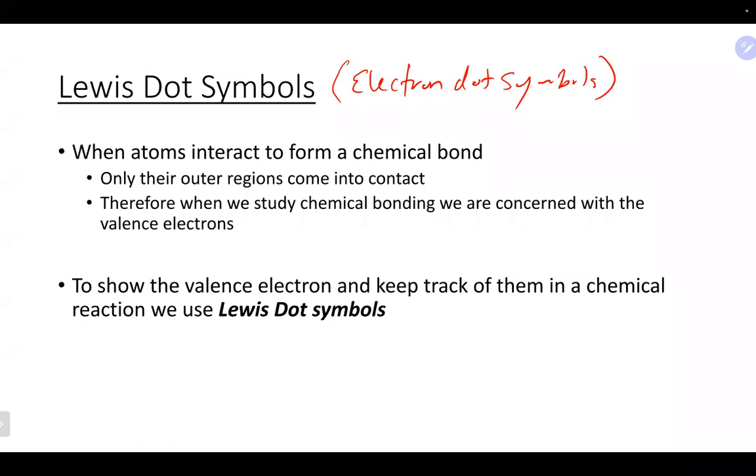So if you think about the model of the atom that we talked about, the electrons are on the outside of the nucleus flying around. So when 2 atoms come together, it's really those electrons that come in contact with one another first, and they are involved in bonding. More specifically, it is only the valence electrons that are involved in bonding.